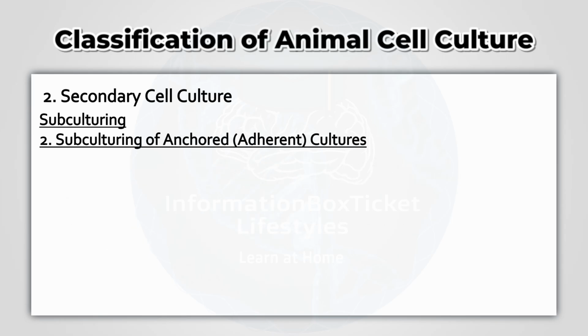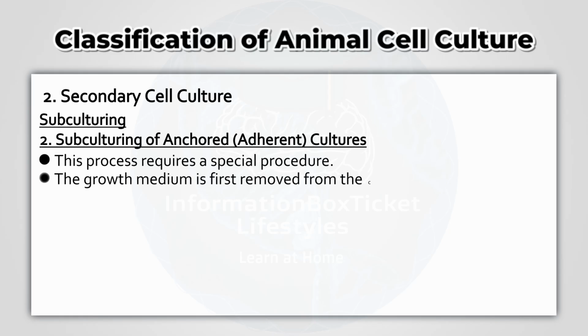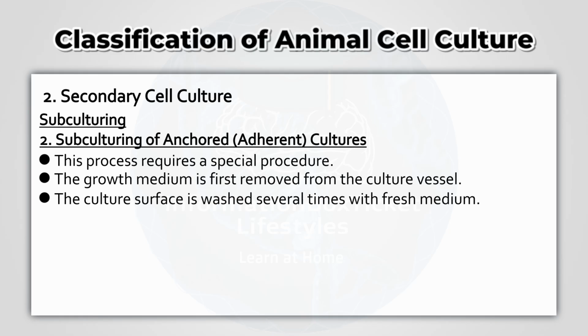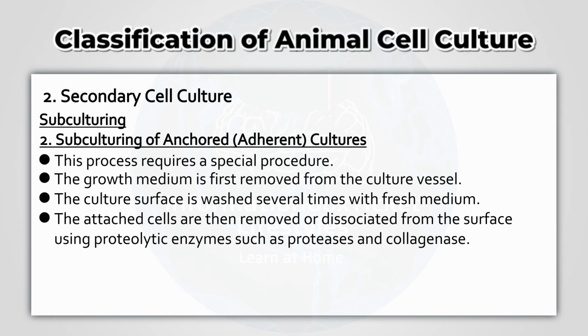2. Subculturing of anchored, adherent cultures. This process requires a special procedure. The growth medium is first removed from the culture vessel. The culture surface is washed several times with fresh medium. The attached cells are then removed or dissociated from the surface using proteolytic enzymes such as proteases and collagenase.